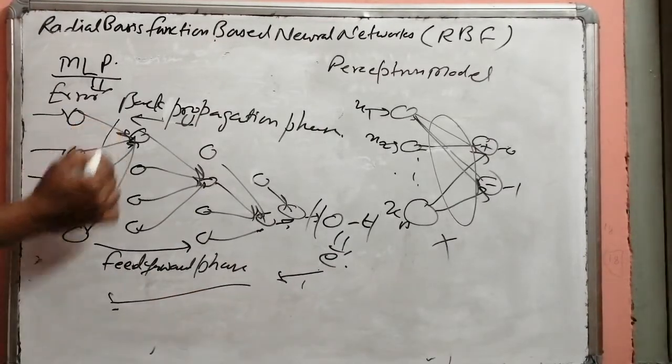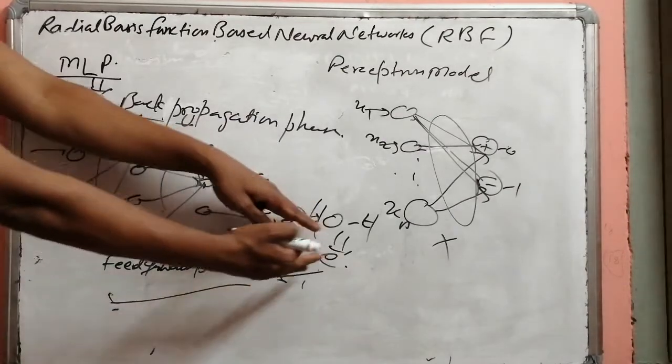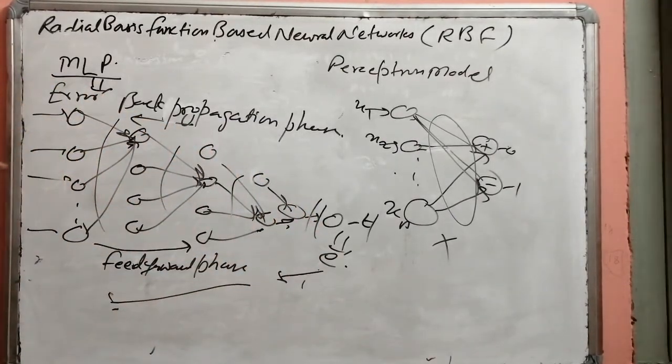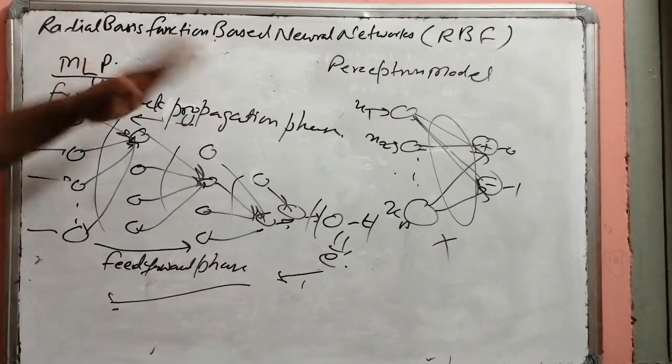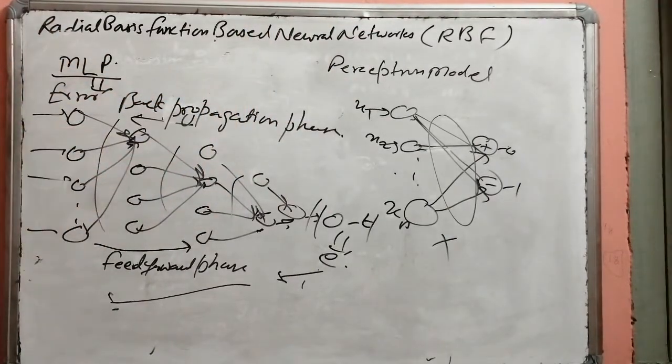It means these weights are to be changed so that the errors are minimized, and then again the feed forward phase comes into action, then the back propagation phase, and the process keeps progressing till we have achieved the minimum error or all the patterns are correctly classified. So this is the extension of your single layer perceptron for solving non-linear classification problems.